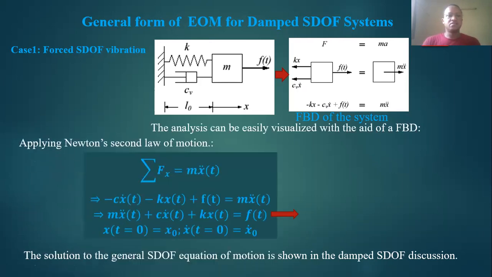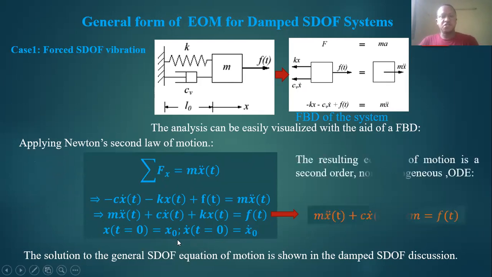From this relation, we get the equation of motion: m x double dot of t plus c x dot plus kx equals f of t. At the same time, we have to prescribe the initial conditions, the initial displacement and the initial velocity of the mass, which are given. This is the general form of the forced single degree of freedom vibration case.